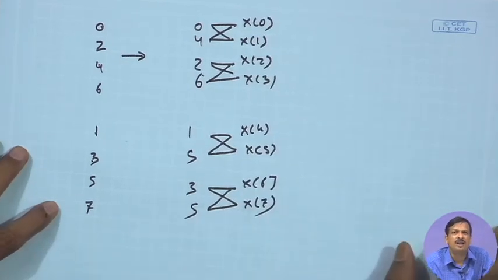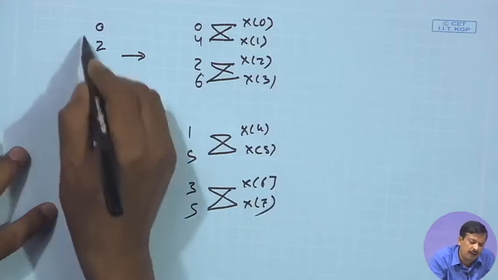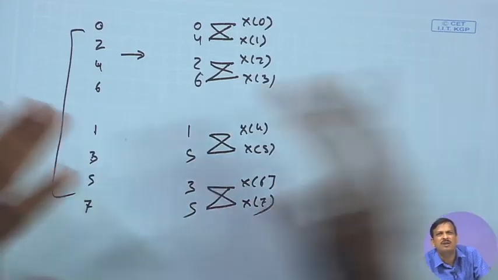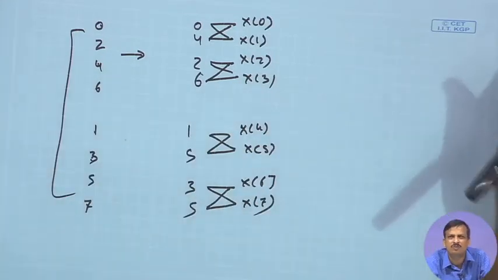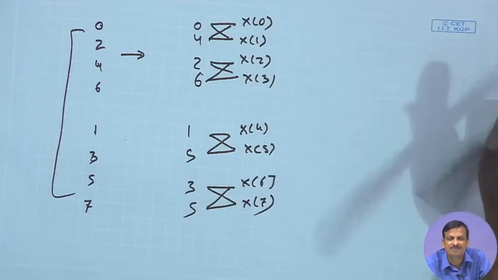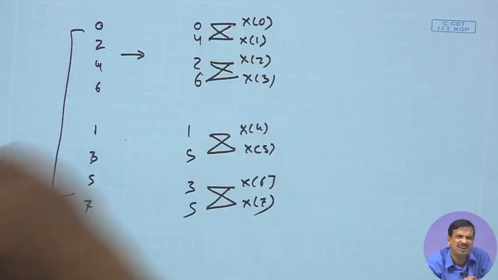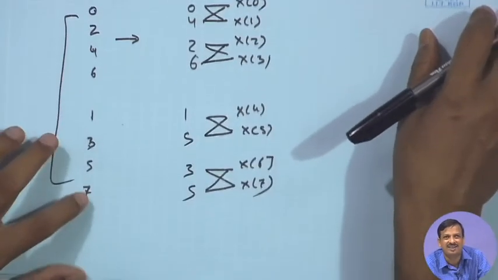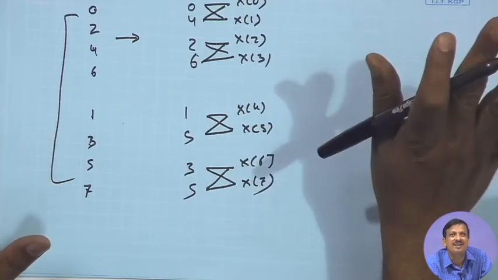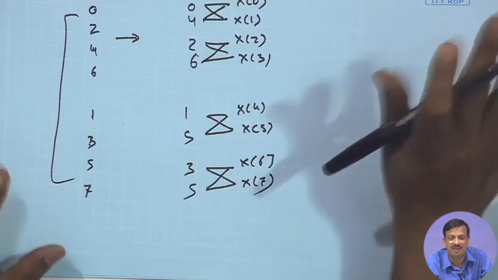Now, you may ask, how do I divide the signal into odd and even if my signal size is 1024? There is a trick, that is called the bit reversal technique.